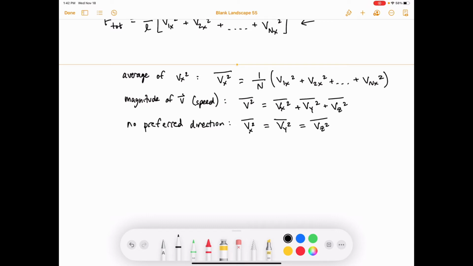There's no preferred direction. They're all on equal footing. So if we take what's on the second line, where average speed squared is equal to Vx squared plus Vy squared plus Vz squared, if x, y, and z are all the same, then I can say that the average speed squared is just equal to 3 times Vx squared average.